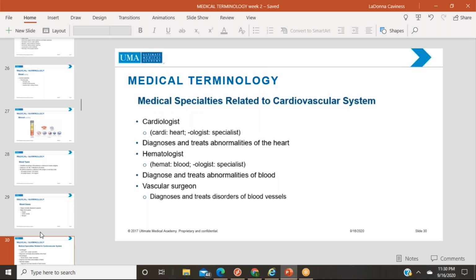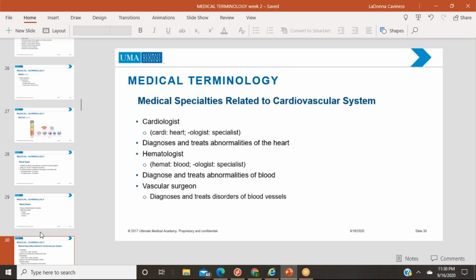Let's talk about medical specialists related to the cardiovascular system. Cardiologist: cardi means heart, and ologist always refers to a specialist. Diagnoses and treats abnormalities of the heart.